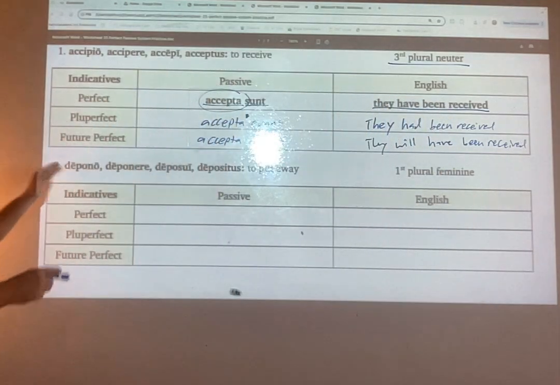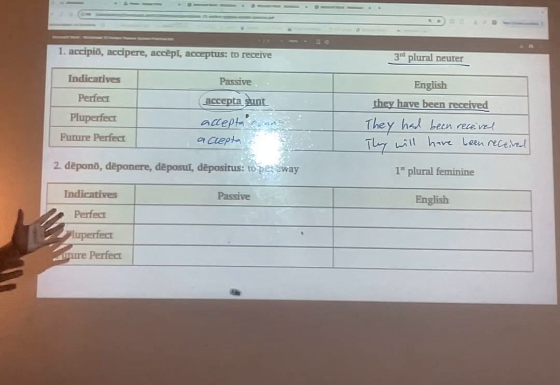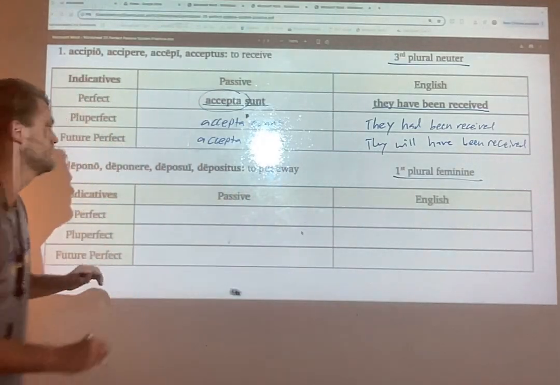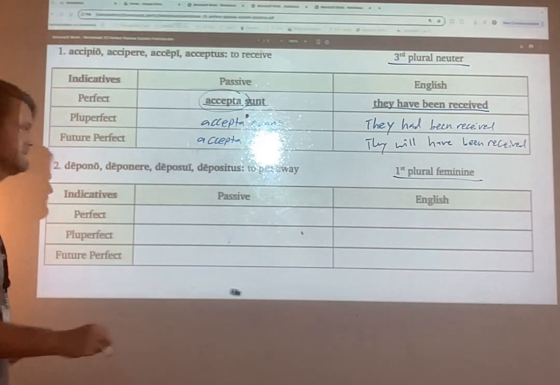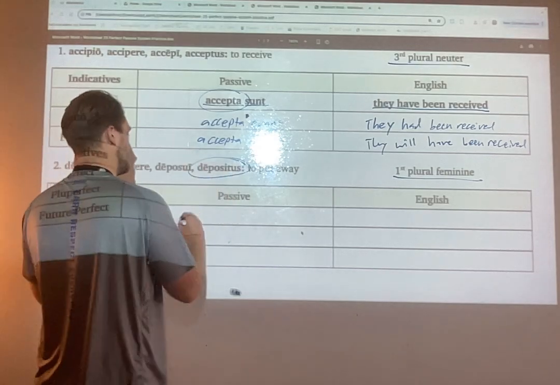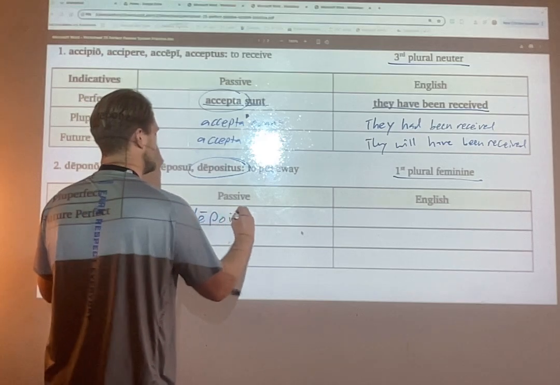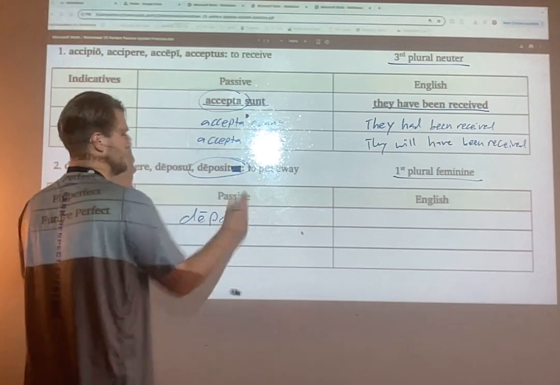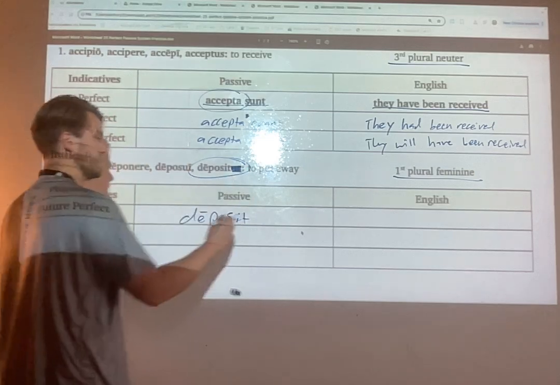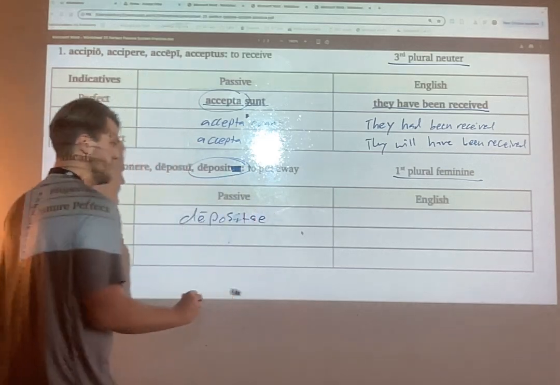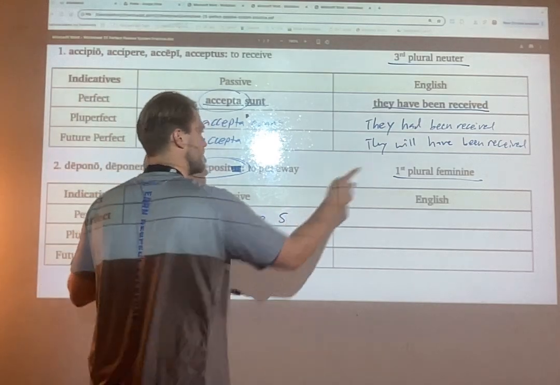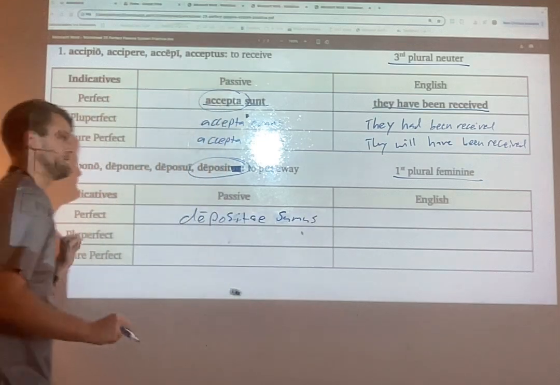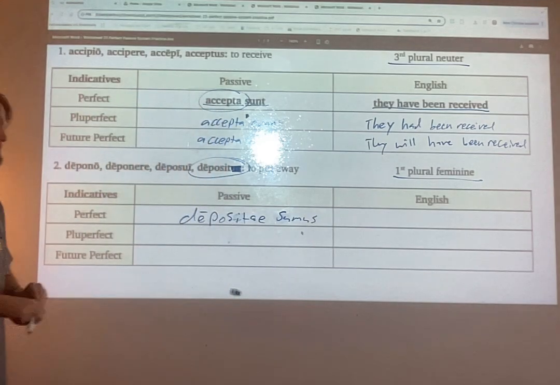Do the same for this verb. You guys haven't even had this verb, but it doesn't matter. I want you to do this one in the first plural feminine. For the perfect passive, you take that fourth principal part, depositum, but you can't have that ending on there. You have to have a plural feminine ending, so it'd be depositae, and then first plural sumus. Depositae sumus.